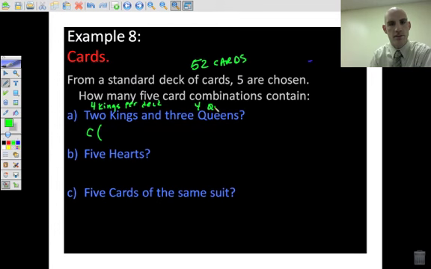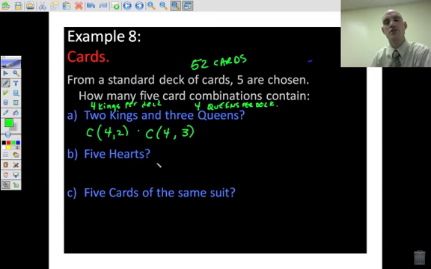And there's 4 queens per deck. And so what we're choosing is, out of 4, we're choosing 2 of them. Okay? And we're going to multiply that by the combination of, out of 4, choosing 3 queens.